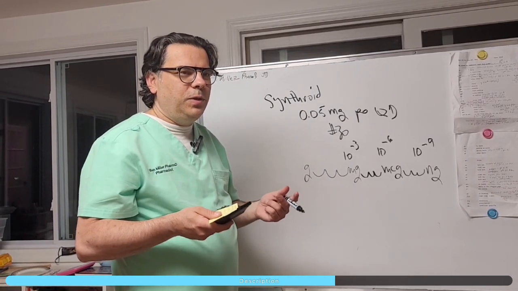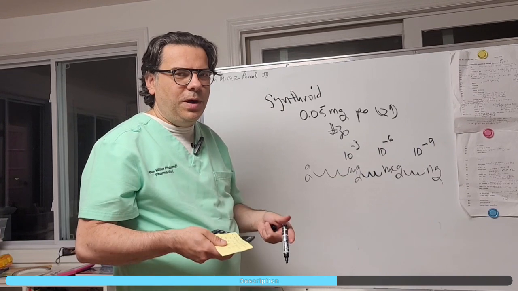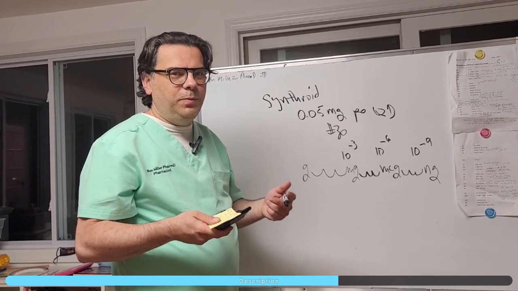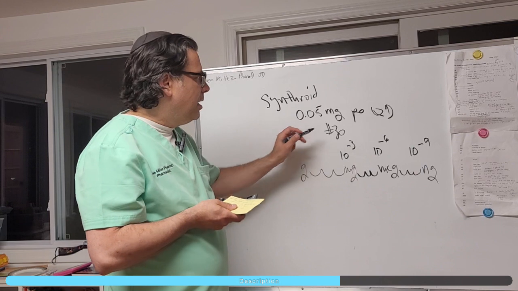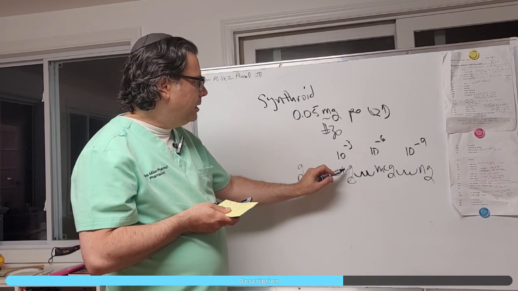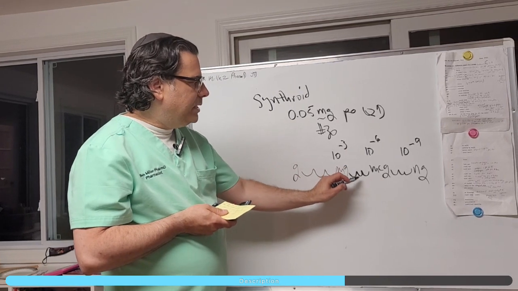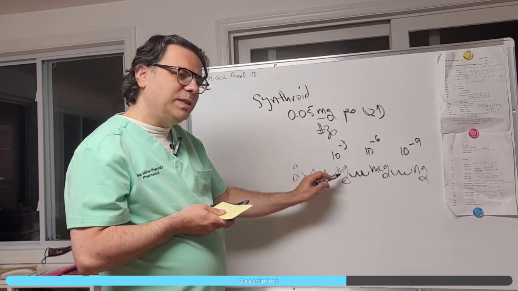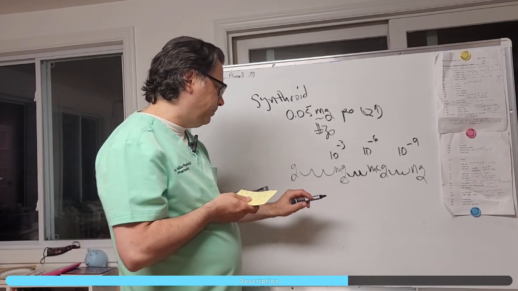For the GPS to work, it has to know where you are, and then you input where you want to go, and the GPS will tell you how to get there. Here you're in milligrams, and from milligrams to micrograms it's 3 steps. Move that decimal point 3 spaces to the right.